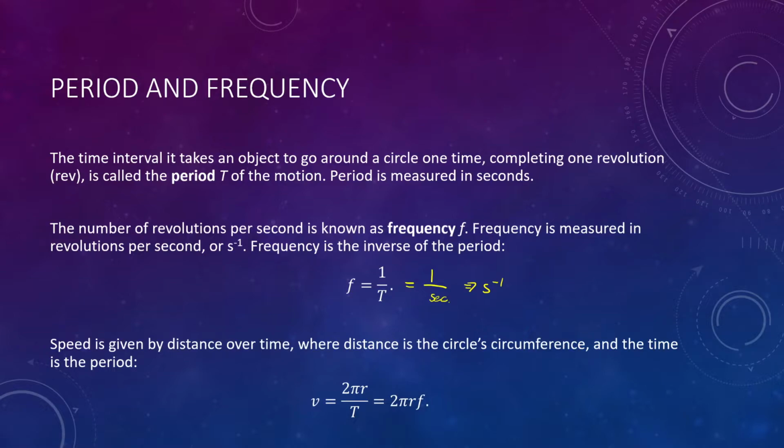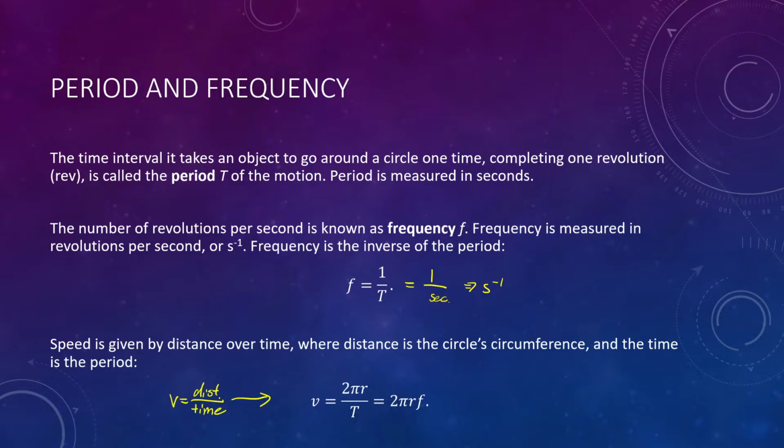Now, we can use these terms to help us find the speed of the object in a circular path. If you keep in mind the definition from way back in the day, the definition of speed is distance over time. Well, if that's the case, the distance that you travel around a circle, in other words, the outer perimeter of that circle, is known as the circumference. So we're traveling the circumference of the circle, which is given by 2 pi r, where r is the radius.